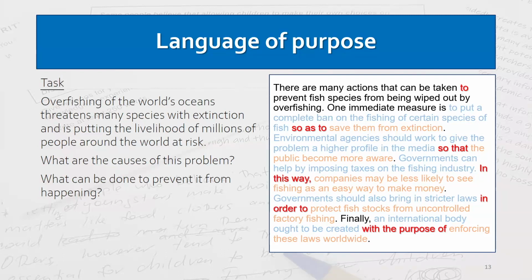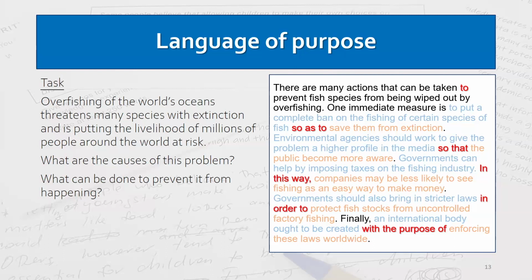Okay, the verb enforce is being turned into a gerund, right? Enforcing these laws worldwide, because after the phrase with the purpose of, we need a noun phrase, and enforcing these laws worldwide is actually a noun phrase.